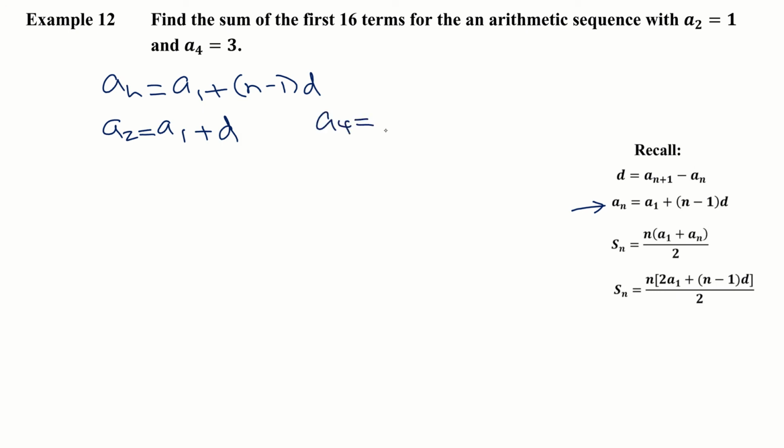That's going to be a_1 plus quantity 4 minus 1, which is 3d. Now I'm going to substitute 1 for a_2, so I get 1 equals a_1 plus d, and a_4 is 3, so in this equation I'm going to replace a_4 with 3.